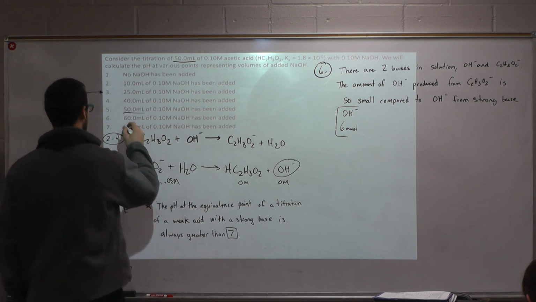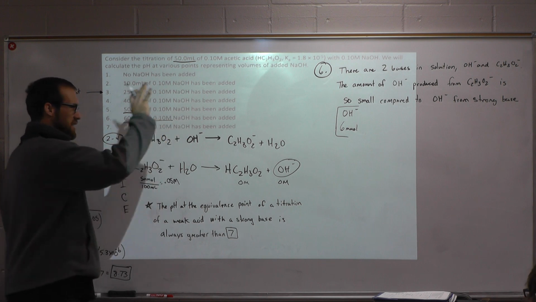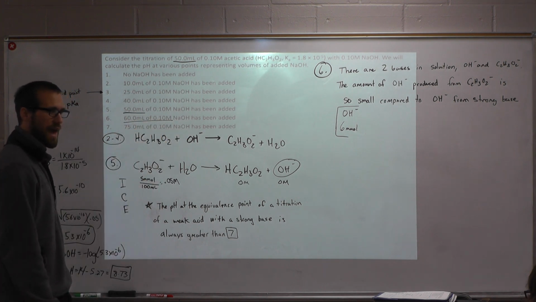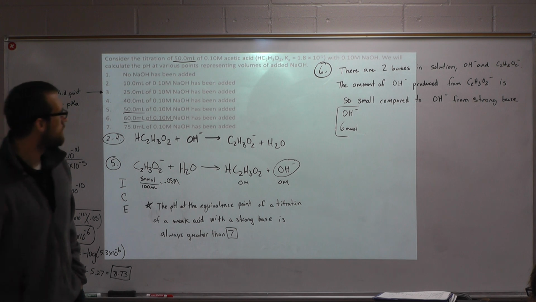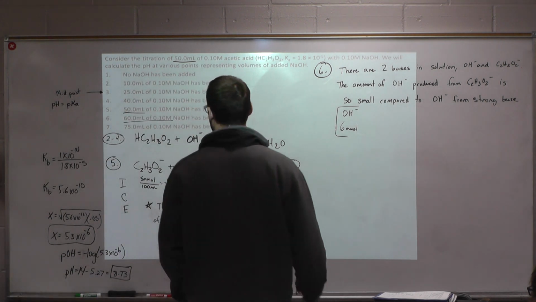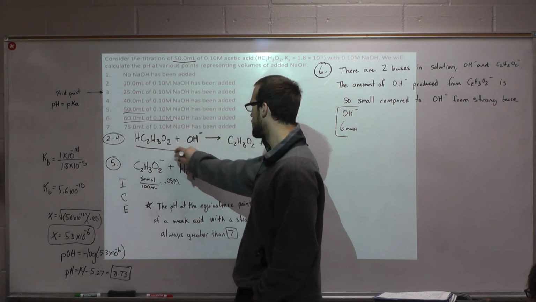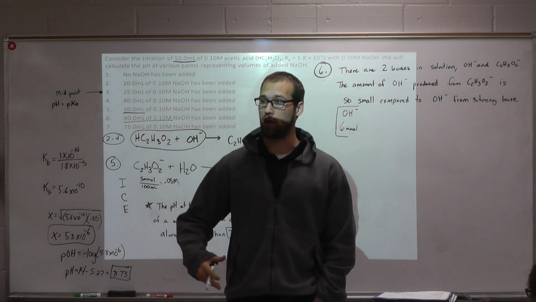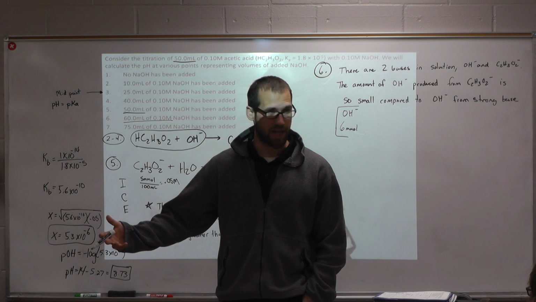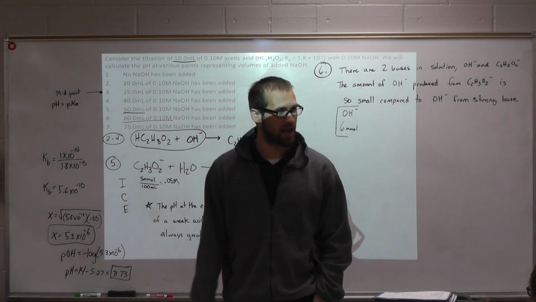I have 6 millimoles. What did we just get done talking about that happened to that OH? Okay, that's true. But didn't it react at the beginning? And eventually, at the equivalence point, it all reacted. So I didn't have any more weak acid left over. So how much weak acid reacted with it? How much did we say?